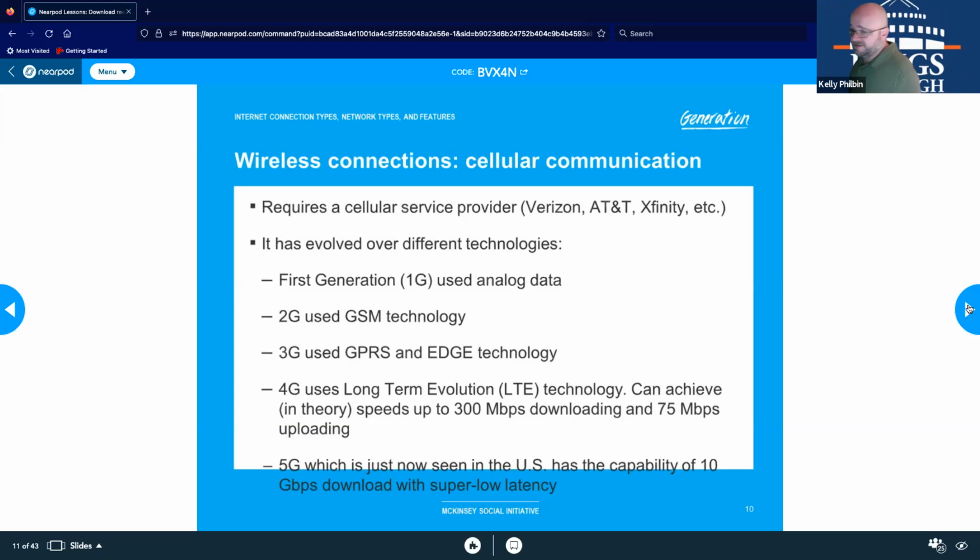Questions with regards to this? Yes, Nassim. All this is relevant if you want to download movies and things like that on a cell phone, but just for talking on the cell phone, regular speech speed, this kind of speed for 5G, I don't think it's relevant. No, if you're just using it for talking, it's not relevant.